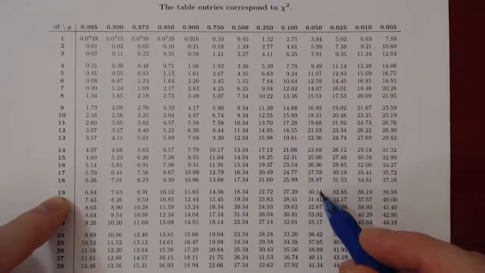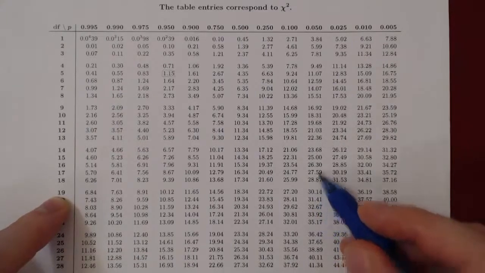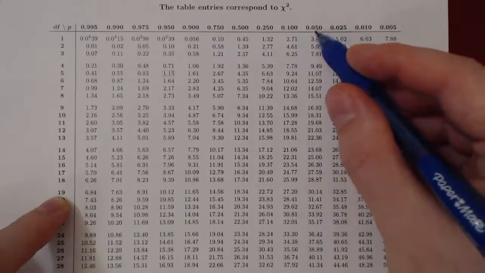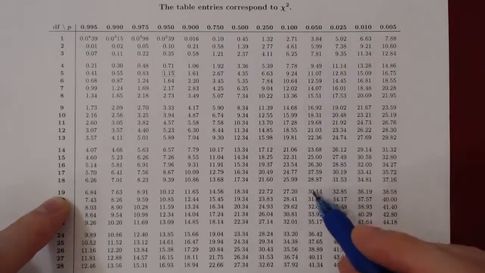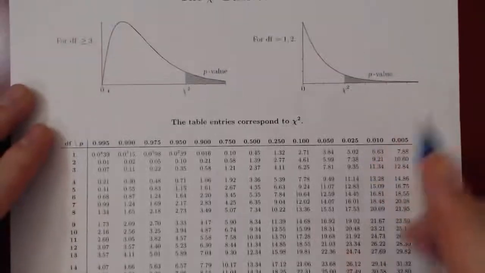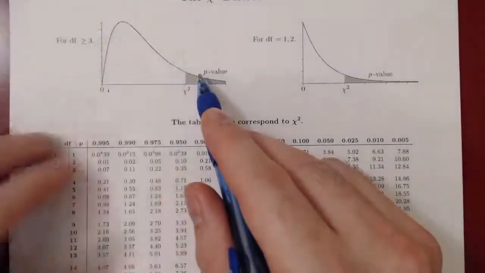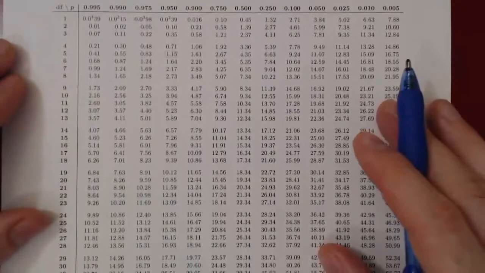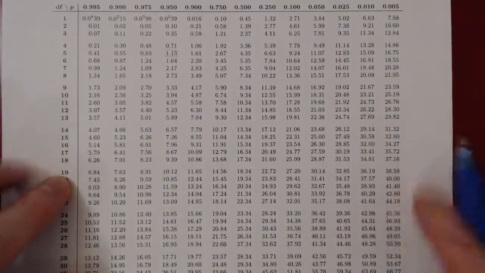And you see, at 30.14, the area is 0.05, but that's the area to the right. And because our chi-squared is even bigger, the area that we'll have will be less than 5%, right? If you move your chi-squared to the right, you actually lose a bit of area. So you see, we will not be able to get the exact p-value, but we'll have an approximation.